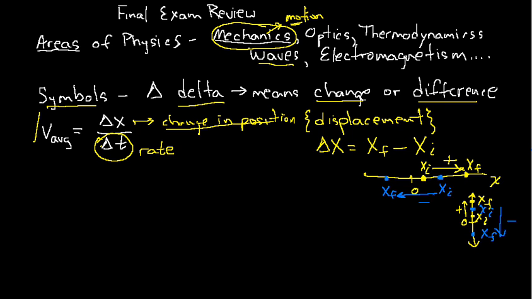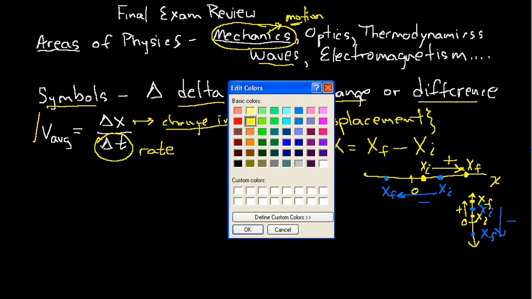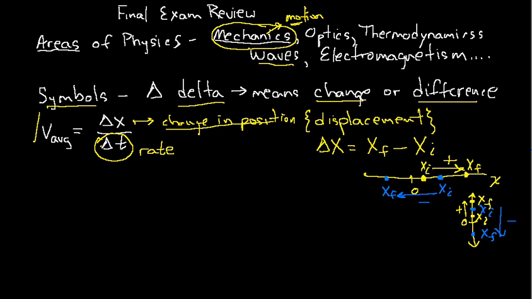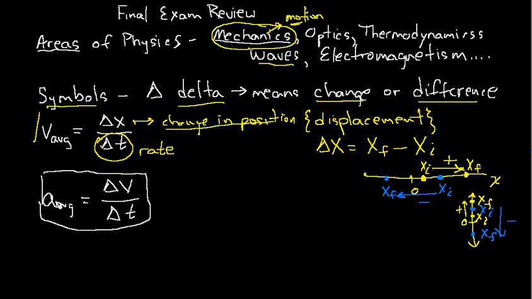So we dealt with and talked about velocity and average velocity, and with average velocity then we talked about average acceleration. Average acceleration was defined as the change in the velocity over the change in time, and you need to know this equation as well.